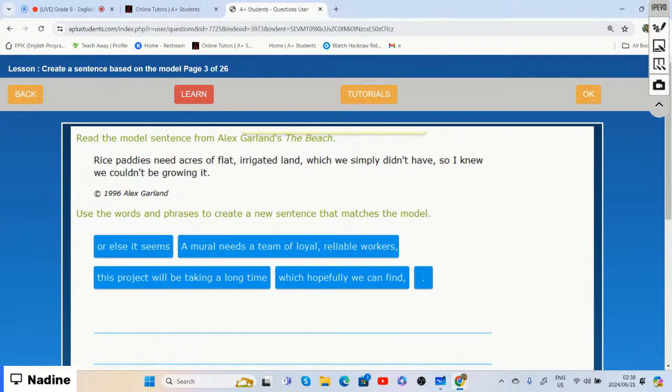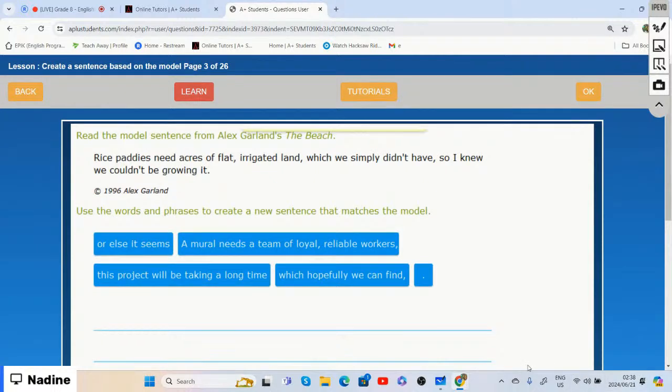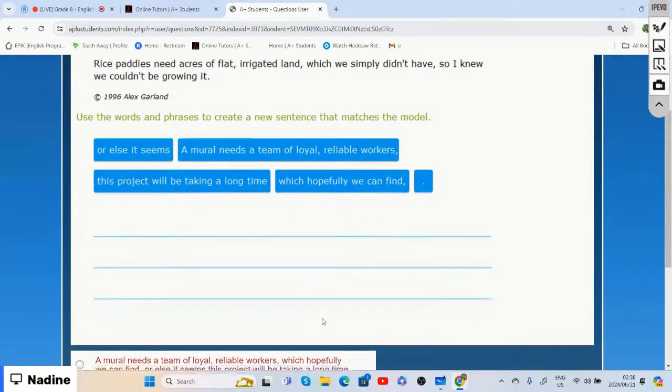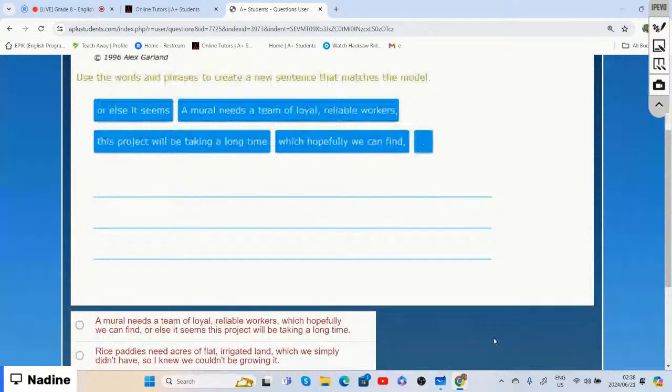Okay. All right, so now we're going to use the words and phrases to create a new sentence that matches the model. Is it option one? A mural needs a team of loyal, reliable workers, which hopefully we can find, or else it seems this project will be taking a long time? Or do we say rice paddies need acres of flat, irrigated land, which we simply didn't have?